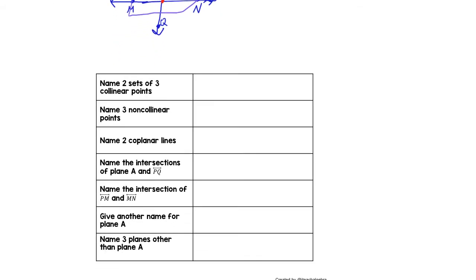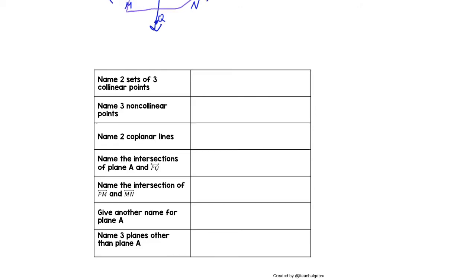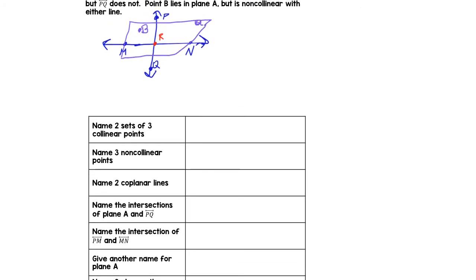Okay. Now we want to name two sets of three collinear points. So three points on the same line. Well, we have two of those. The first one is going to be points, see if you can figure it out. M, R, N. Those are all three in a line.